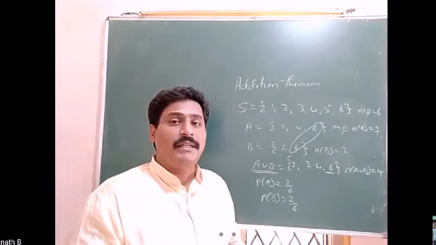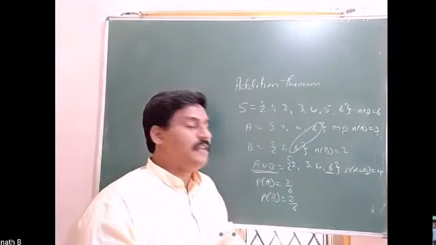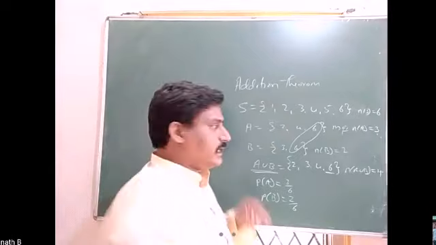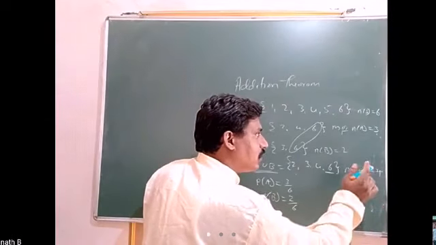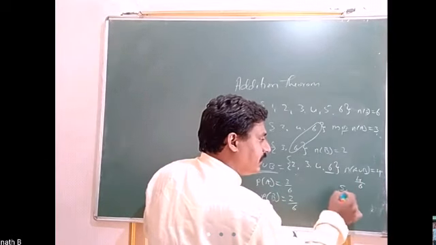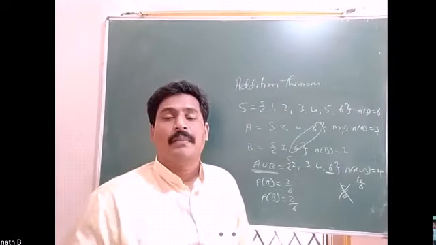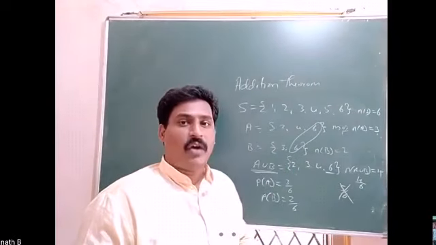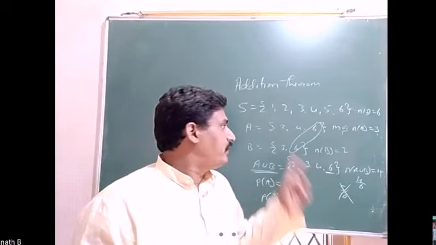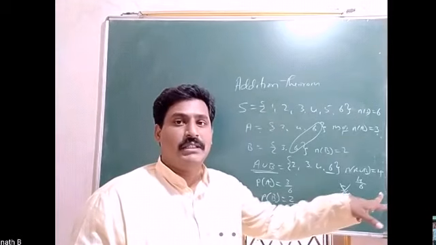So probability of getting at least any one from event A and event B is 4 divided by 6, but not 3 plus 2, 5 divided by 6. So probability of getting event A union B is not 5 by 6, it is 4 by 6.